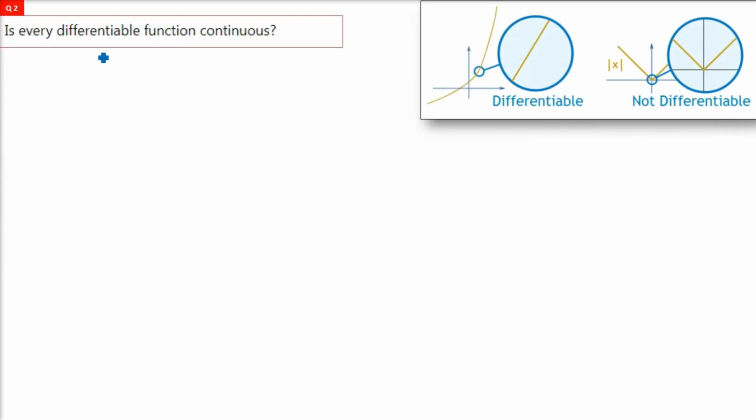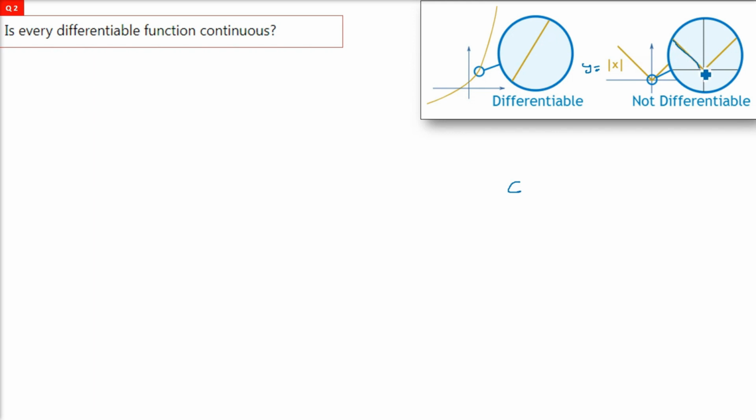Is every differentiable function continuous also? See, continuity is all about not picking up your pencil or pen while drawing.